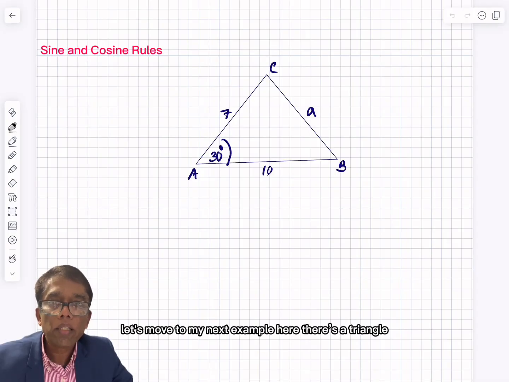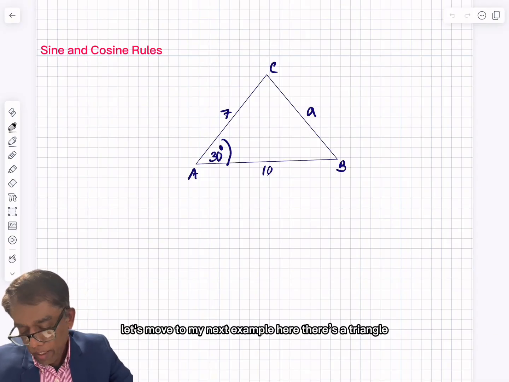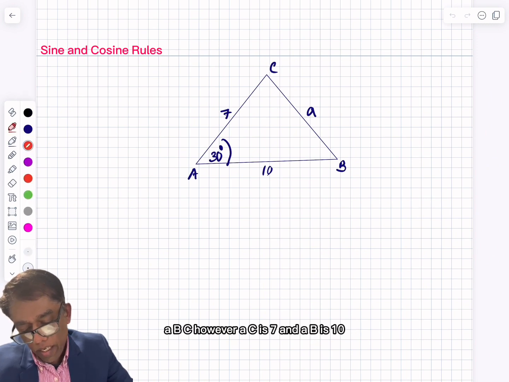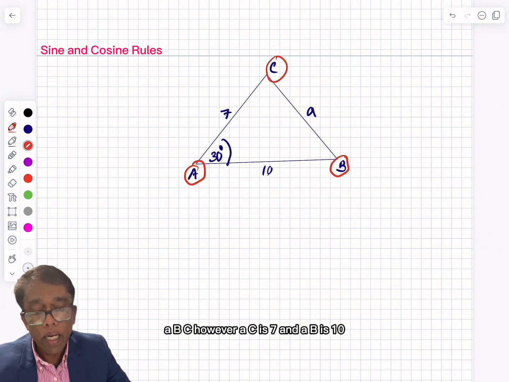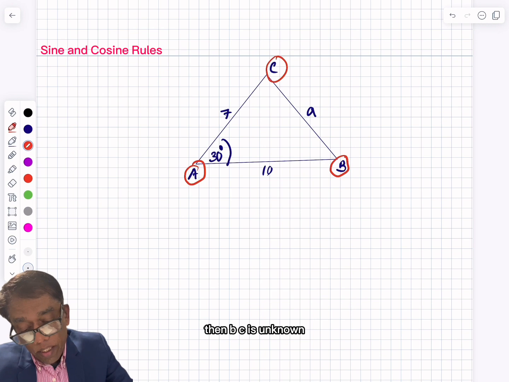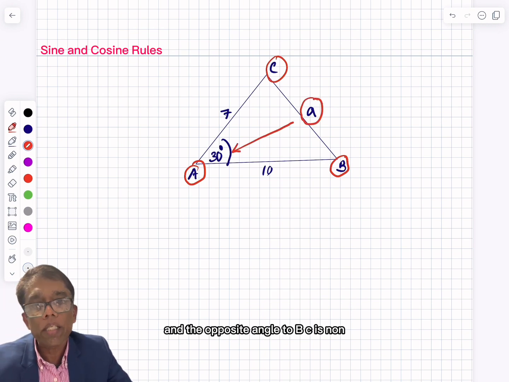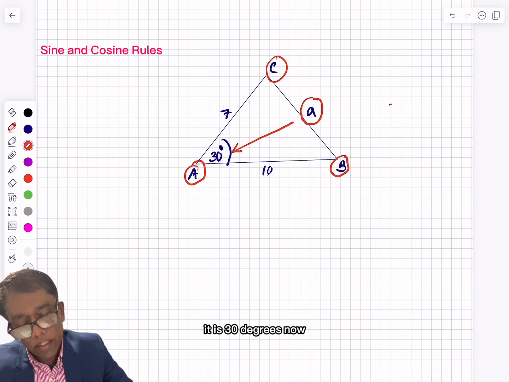Let's move to my next example. Here there is a triangle ABC. AC is 7 and AB is 10. Then BC is unknown, and the angle opposite to BC is known, it is 30 degrees.